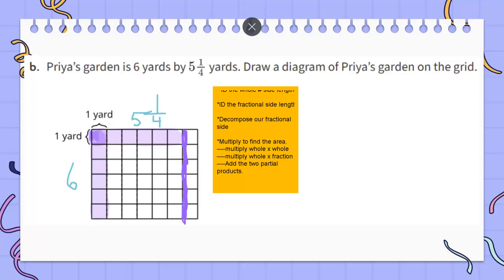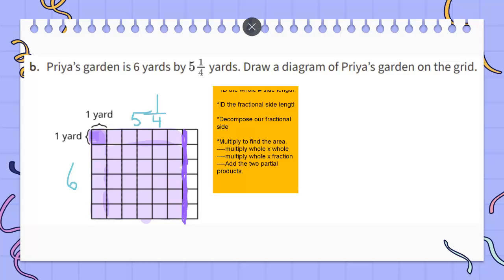All right. Now I'm going to go back and I'm going to highlight all of this. Now I'm going to go through and I'm going to follow my steps.